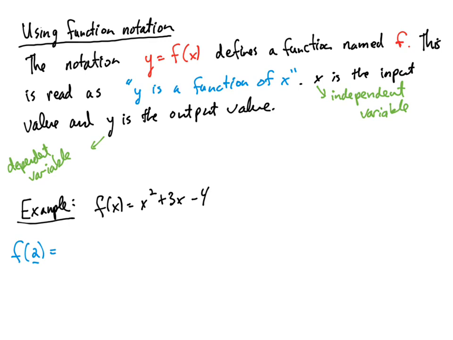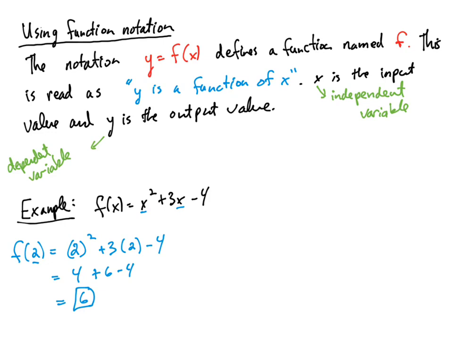This is the independent variable. So we're going to input 2 into the function wherever we see x. So we'd say 2 squared plus 3 times 2 minus 4, and then we just simplify. So this is equal to 6. So 6 is the output value when we input 2.